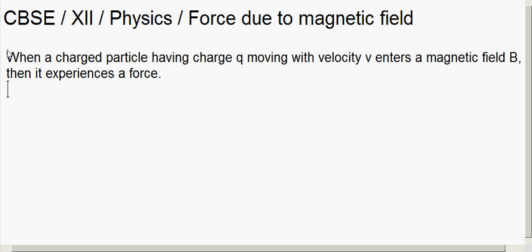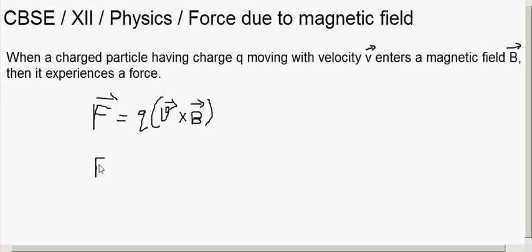And the magnitude of this force is given by F is qvB sin theta. Here both V and B are vector quantities, so F is q into V cross B, or if I write only the magnitude, F is given by qvB sin theta.